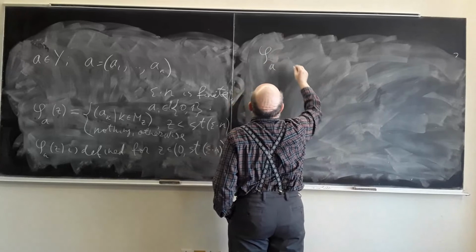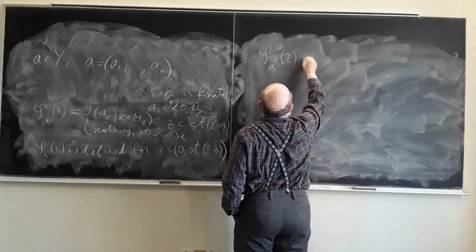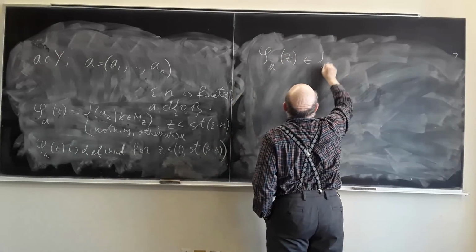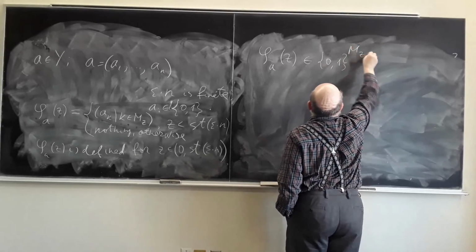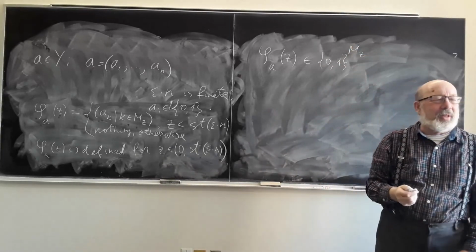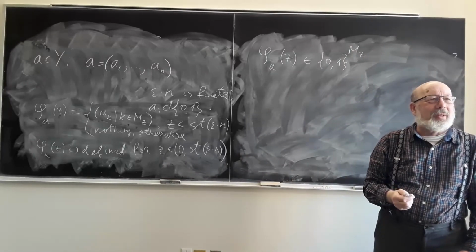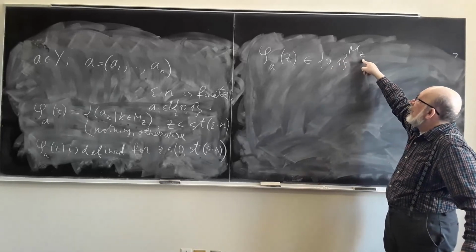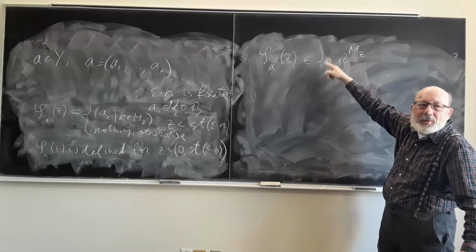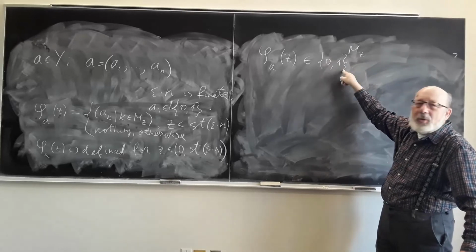So phi A of Z takes values in this set, {0, 1}^MZ. It is the set of all functions on MZ with the values 0, 1.